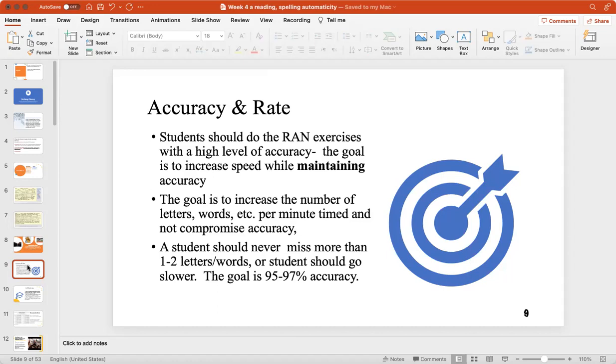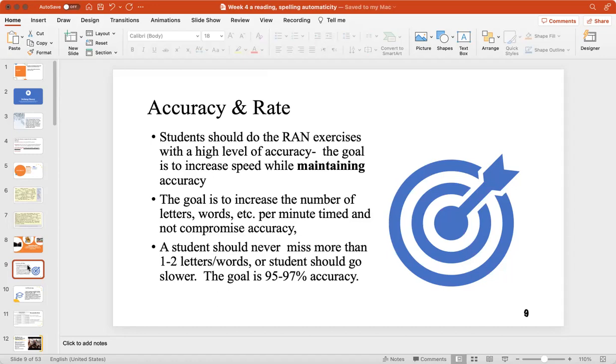I tested a young girl a couple of weeks ago. Her phonemic awareness skills were in the average range. Her rapid automatic naming was less than 5th percentile. What that means is she reads really, really slowly.